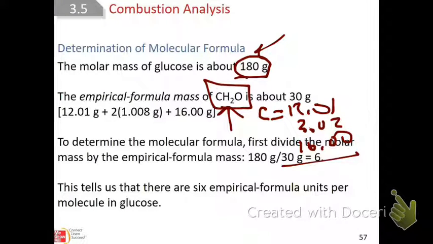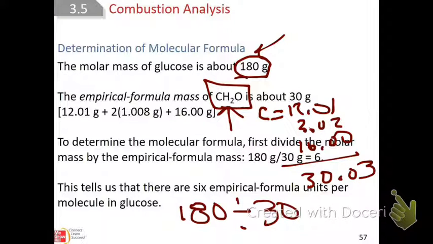So that's 12 plus 2 is 14 plus 16 is 30. 30.03, which is close enough to 30, I think. And then it tells us that the molar mass for glucose is 180. So what you're going to do is you're going to take 180, the known molar mass of glucose, and we're going to divide it by the molar mass that we found, 30, and you get 6.